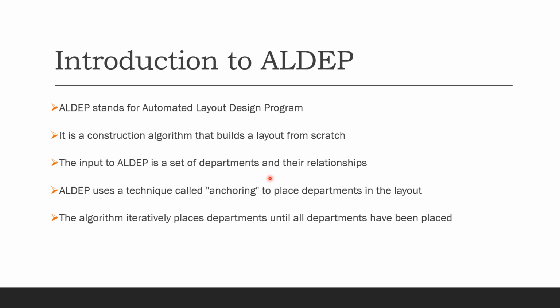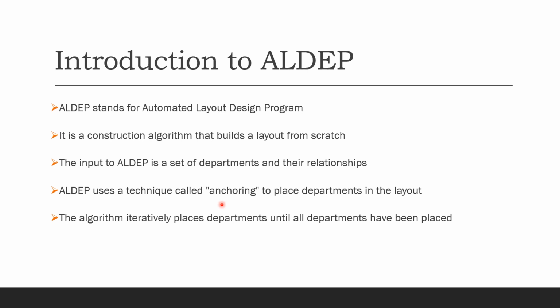ALDEP uses a special technique called anchoring to place departments in the layout. Anchoring is the process of fixing the location of a department in the layout. Once a department has been anchored, it cannot be moved.